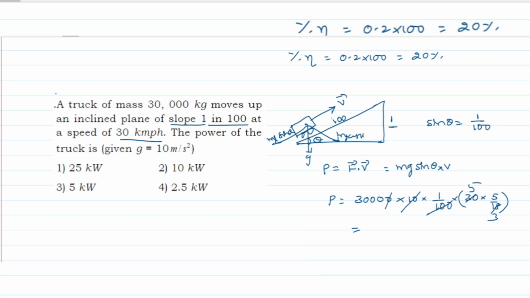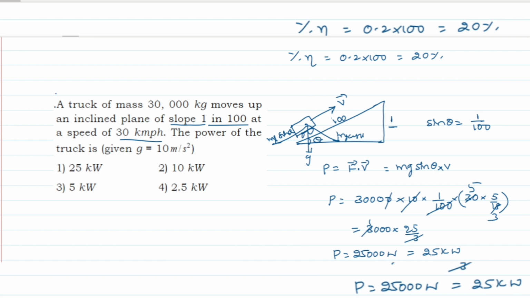So we get 3000 into 5, 5 5s are 25 by 3, and it goes one time, so nearly 25,000. Power equals 25,000 watts, which we can write as 25 kilowatts. This is the correct answer.